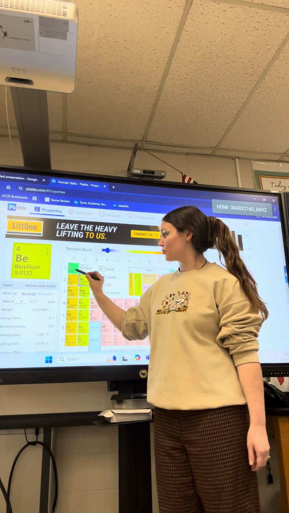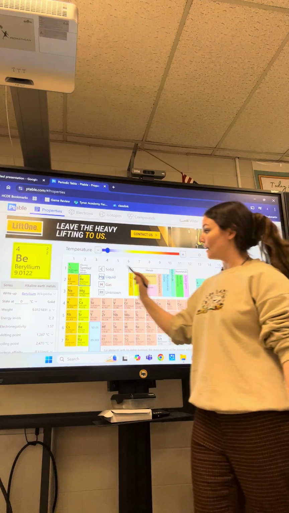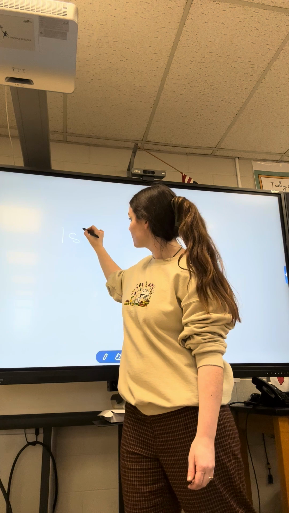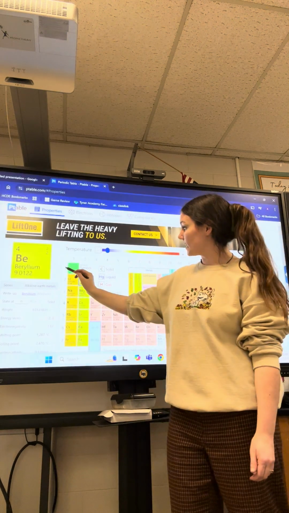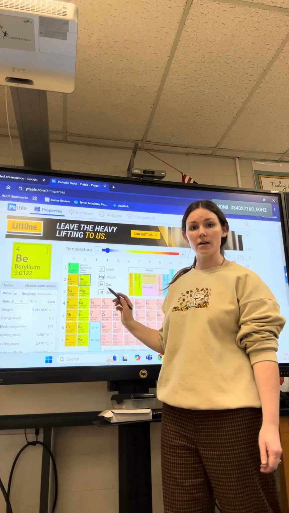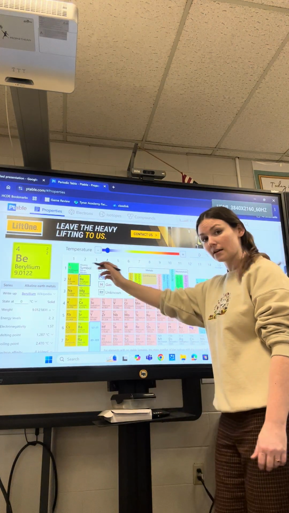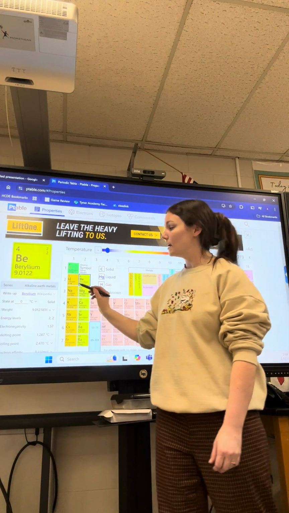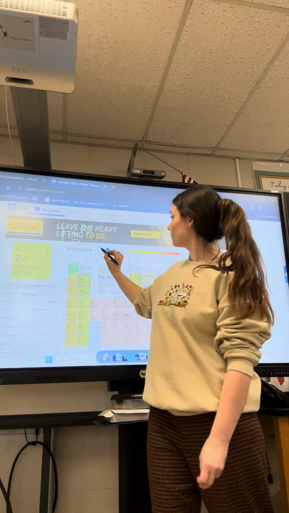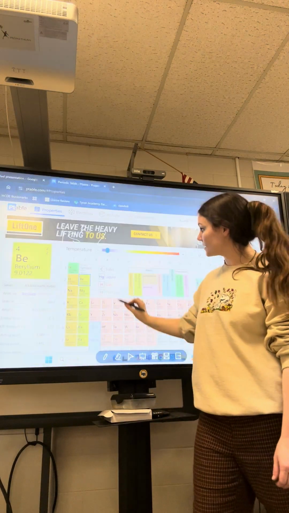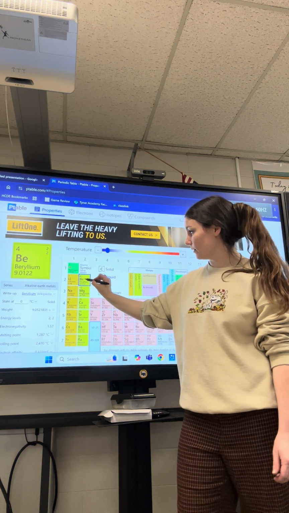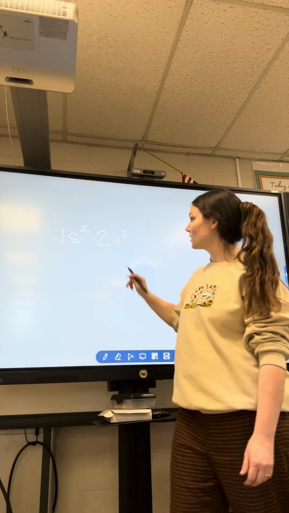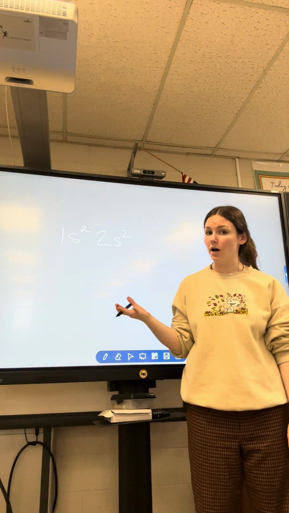So over here we have hydrogen, 1, 2, so that is 1s2, because that is row 1 of the S block, and there are 2 electrons because we did hydrogen and helium. Now we're going to move over to the next row, and we're in row 2. We're still in that S block. We go 1, 2, and then we've reached beryllium, 2s2. So this would be the electron configuration of beryllium.